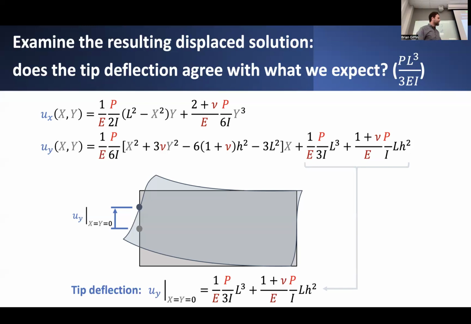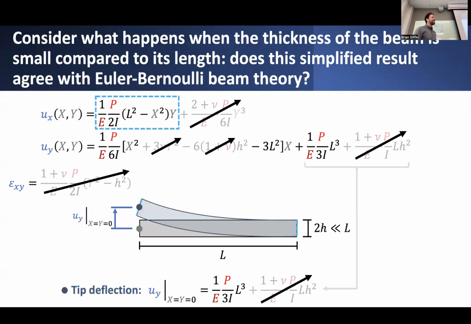So their contribution to each of these different equations can be basically regarded as negligible. And if we take this assumption and get rid of all those terms that depend on these higher order, h squared, y squared terms, what we find is we actually get back exactly what we would have obtained if we had proceeded just with classical Euler-Bernoulli beam theory.